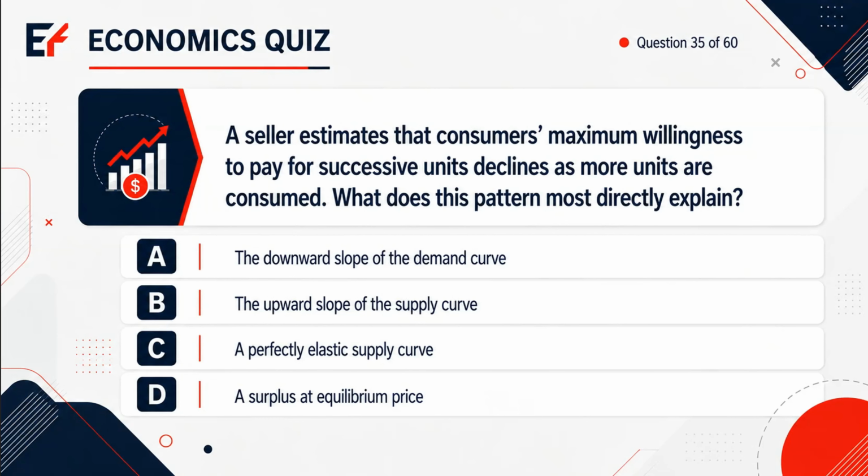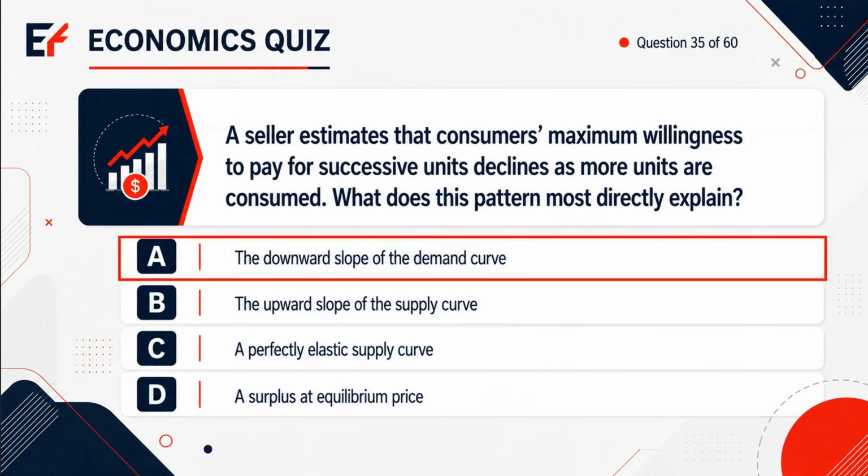Let's connect willingness to pay with demand. As consumers consume more units, the extra satisfaction from each additional unit usually falls, so their maximum willingness to pay for each extra unit also declines. Option A is correct because this helps explain why consumers buy more only at lower prices, giving the demand curve its downward slope.